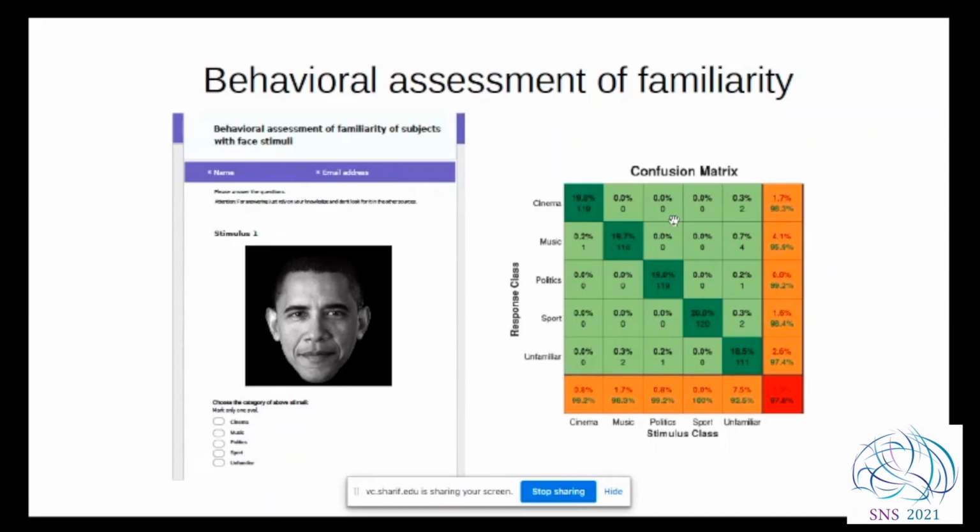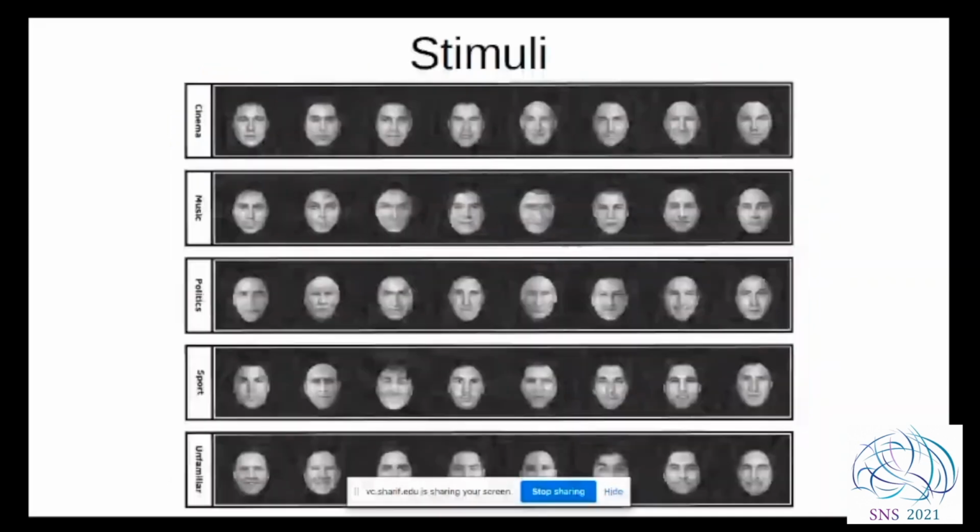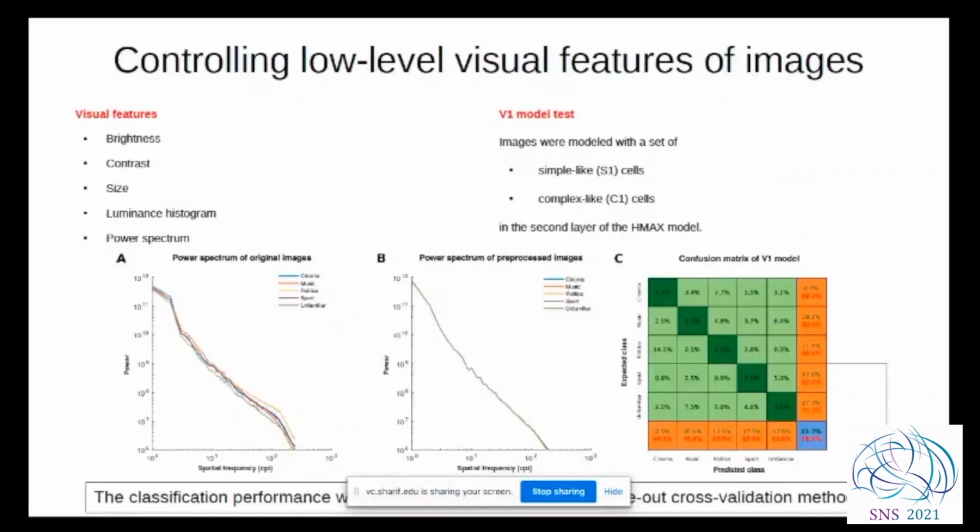And based on these confusion matrices, we made sure that our subjects can categorize all of these faces into 5 categories. And then we are going to use these stimuli in an fMRI experiment.